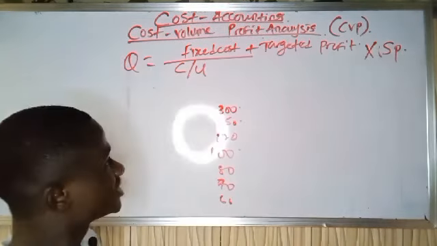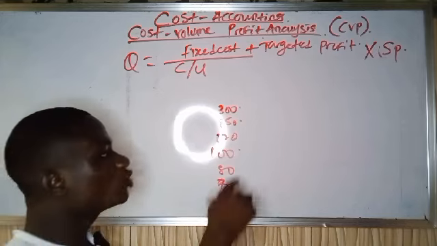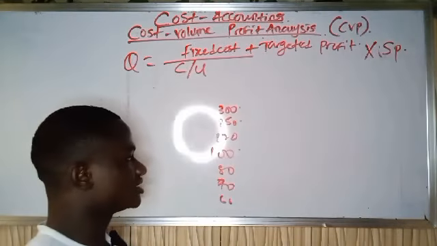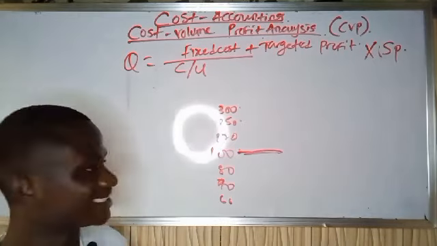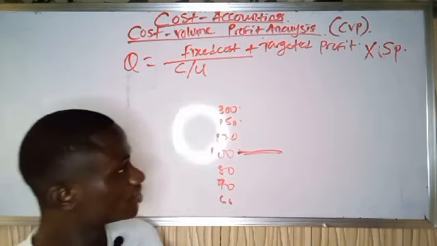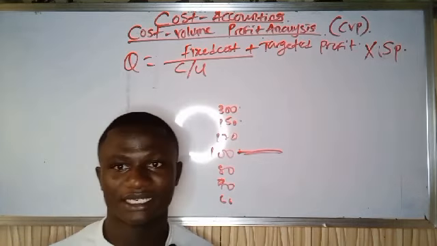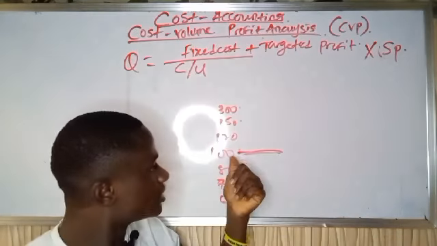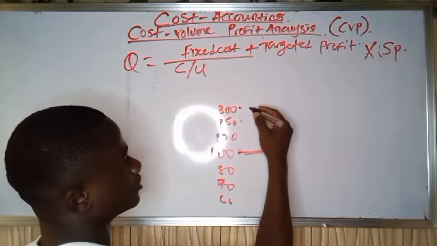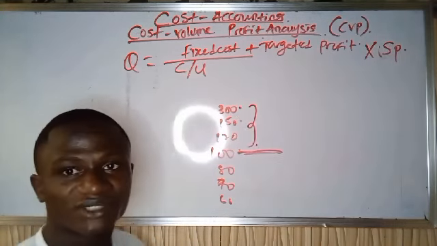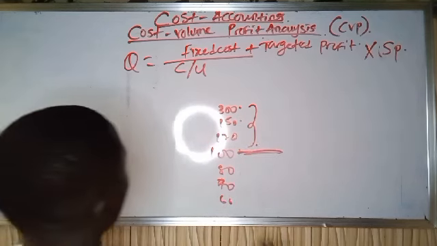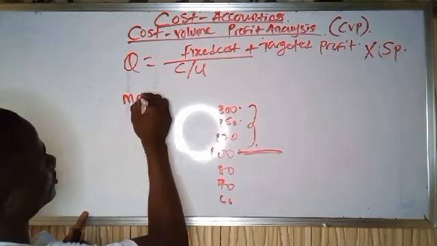So the margin of safety is how safe you are from the break even, because it is the break even point that separates your profit from your loss. So margin of safety means how safe am I from the break even point. So if I'm producing 300, margin of safety, this is it.